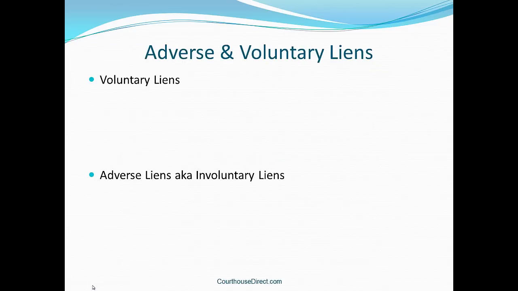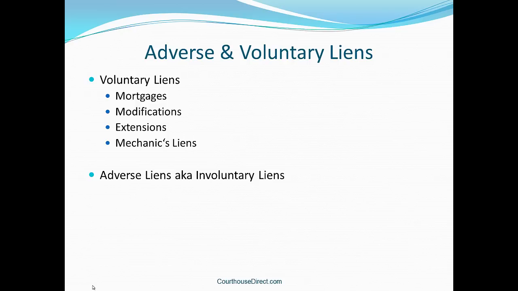There are two categories of liens we are concerned about as researchers. First is voluntary liens, such as mortgages, mortgage modifications, extensions, and certain types of mechanics liens. These liens are called voluntary liens because the borrower agrees to a loan or improvement to their property in exchange for an obligation expressed in the form of an agreement which is filed in the courthouse.